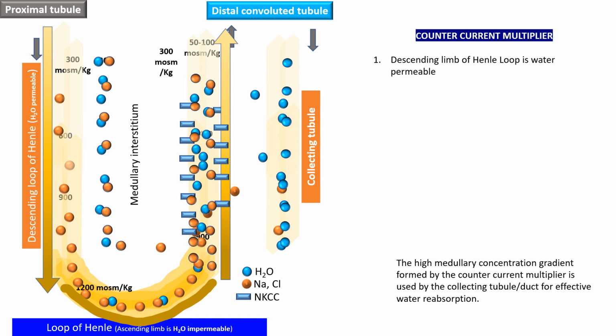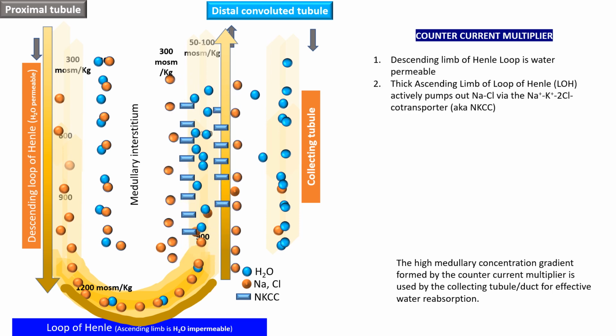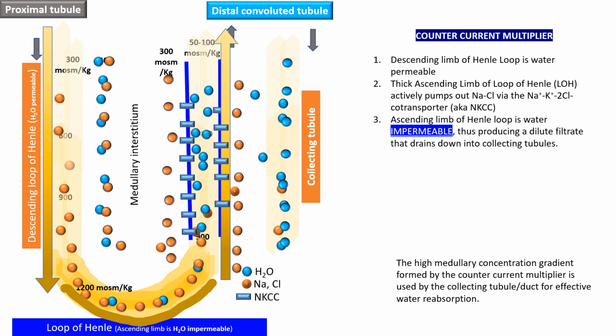At the thick ascending limb, sodium and chloride are actively pumped from the lumen into the medullary interstitium. At this segment, the tubule is impermeable to water. What this means is, while the osmolality of the medullary interstitium is built up, the filtrate within the lumen becomes more and more dilute because water cannot leak out.